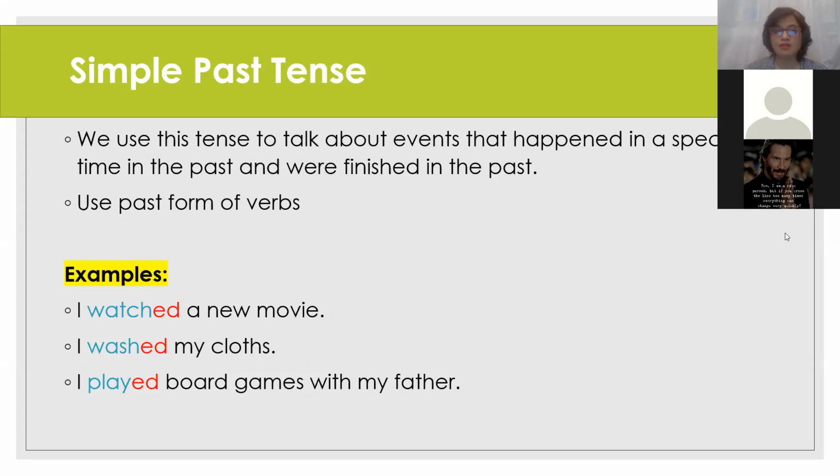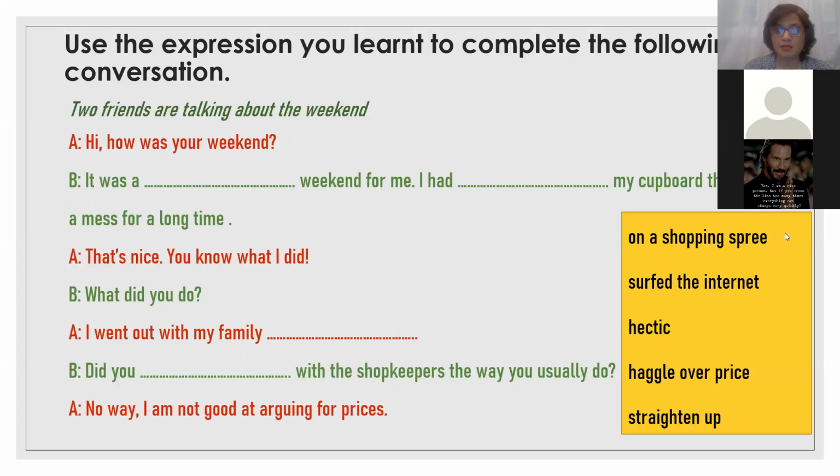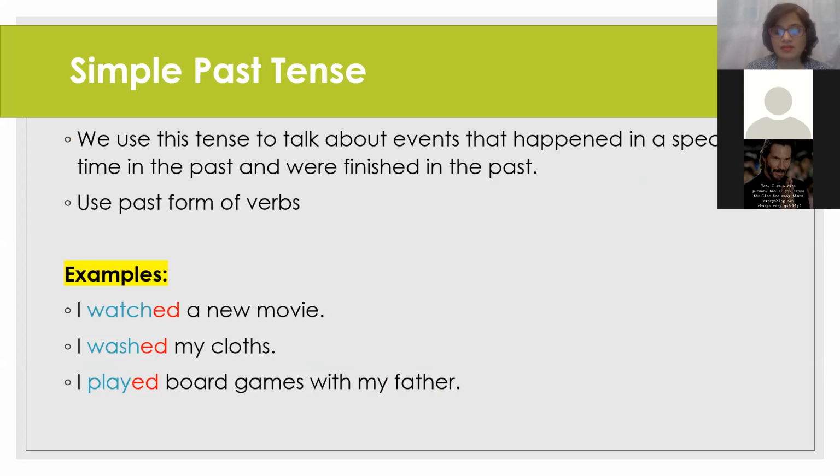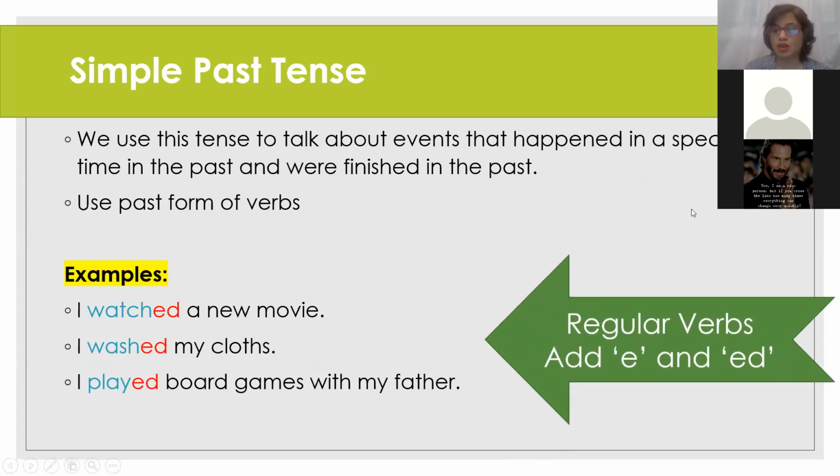So one of the ways is to use the second form that has ed in the end. But not all verbs have ed added to make the second form. The ones we have just discussed, watched, washed, and played, have ed added. So they are called regular verbs, right?